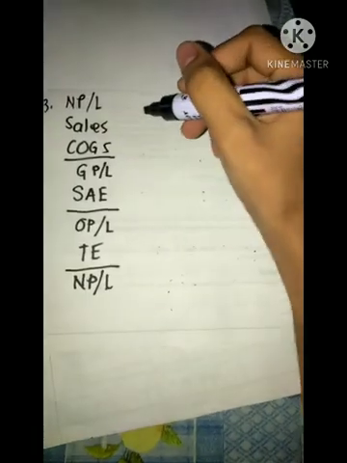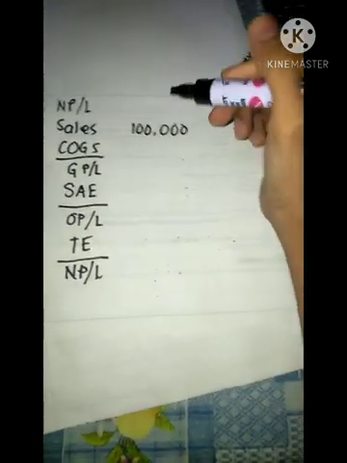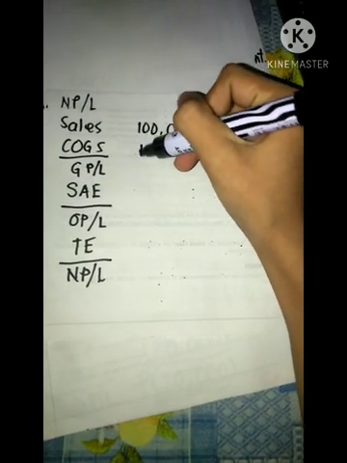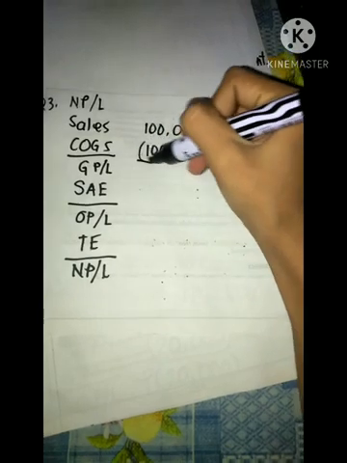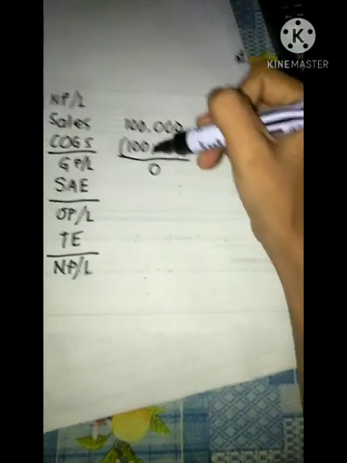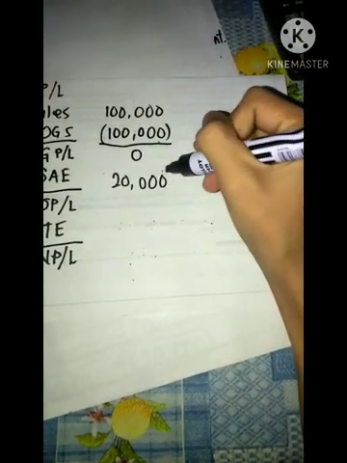Okay, so for the year 2020, the sales is still 100,000. Cost of sales doubled, so it became 100,000 as well. Deduct that, you will arrive at 0 gross profit. Salaries and administrative expenses is still 20,000.